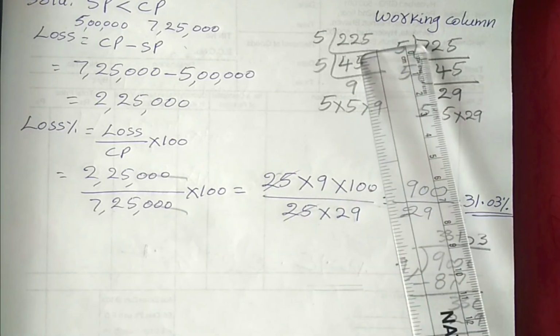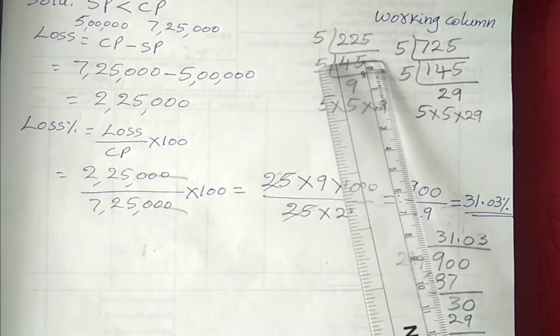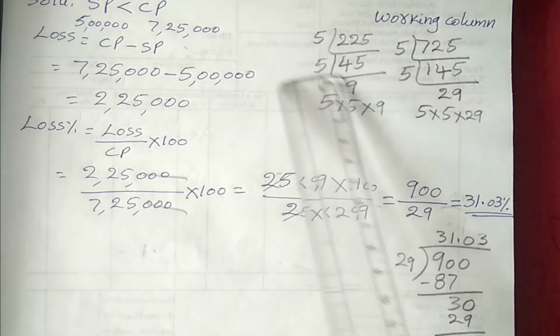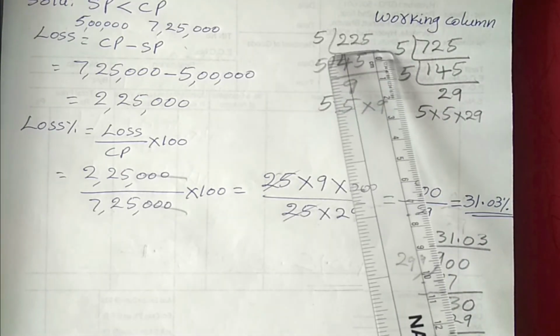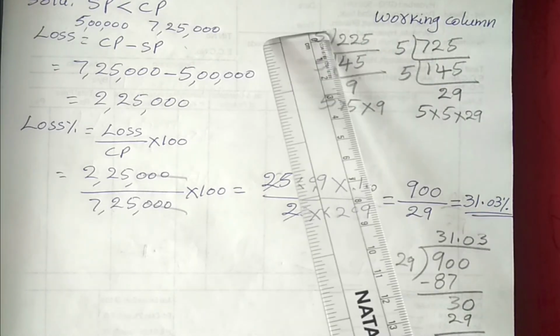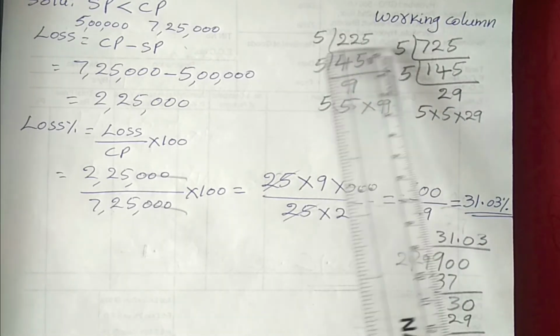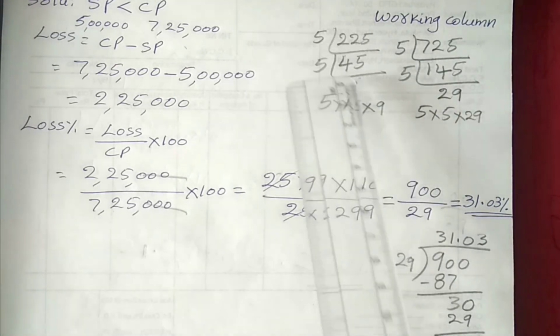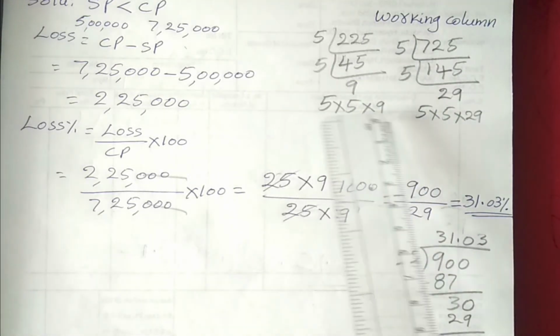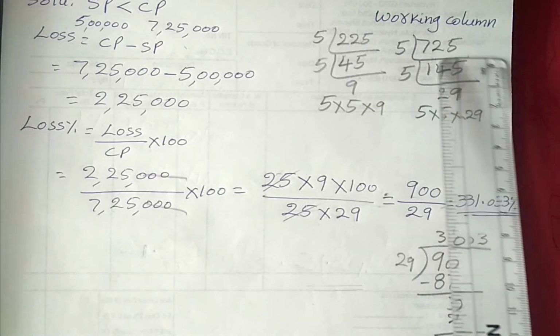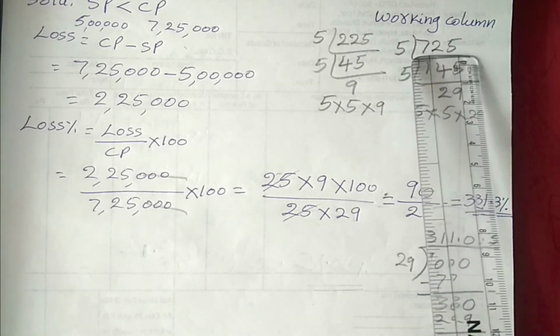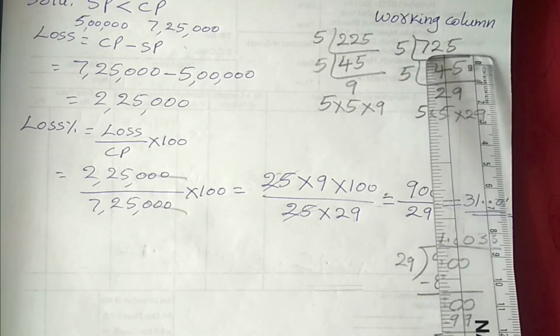Right. So in the working column, first what I have done, I found the least common multiple for 225. So 225 divided by 5 is 45. 45 divided by 5 is 9. So I have written as 5 into 5 into 9. Likewise for 725, working column I have done to find out the LCM.